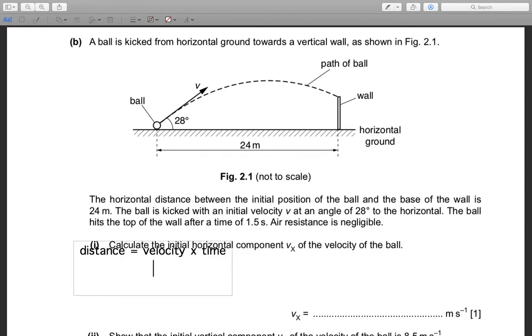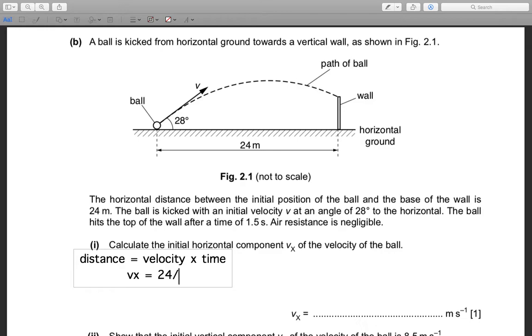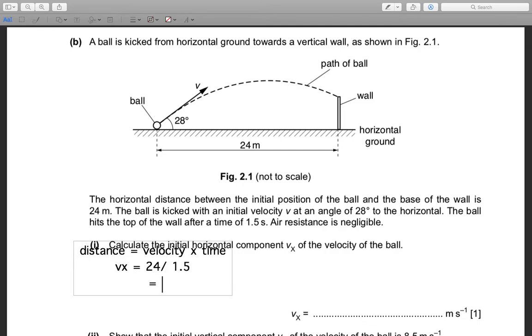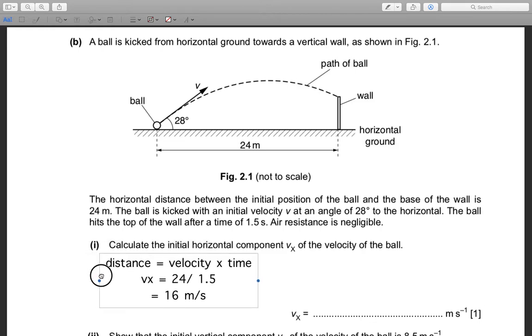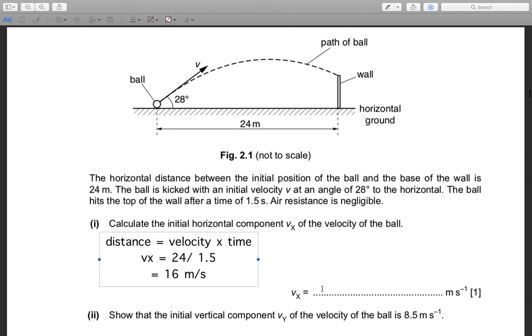So to get the velocity Vx, we take distance divided by time, 1.5, so we get a velocity of around 16 meters per second. This is the answer for the velocity in the x direction, 16 meters per second.